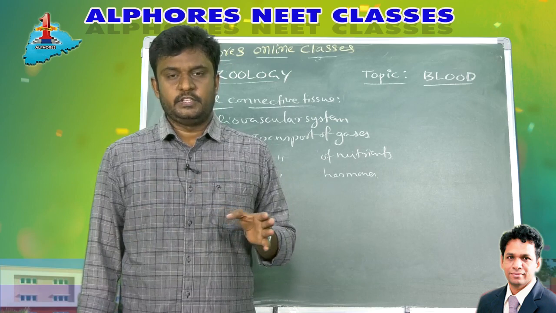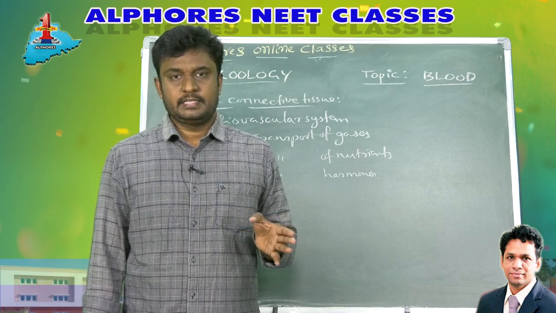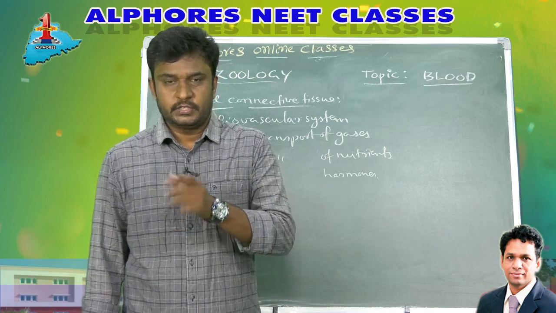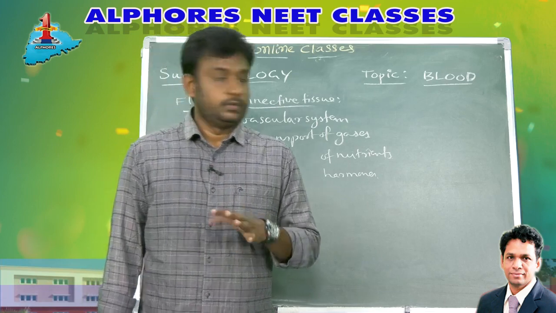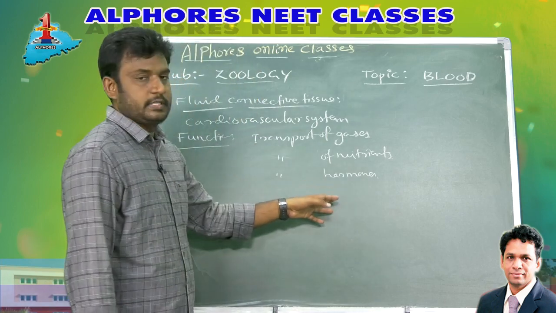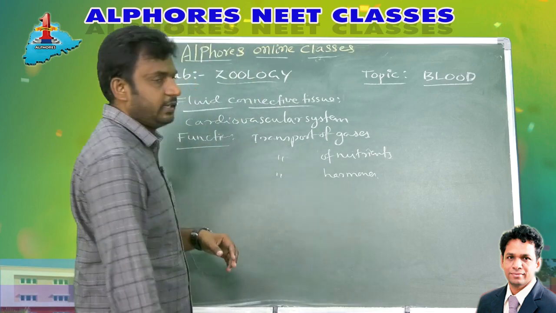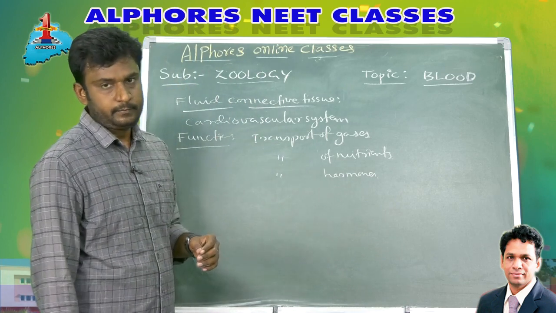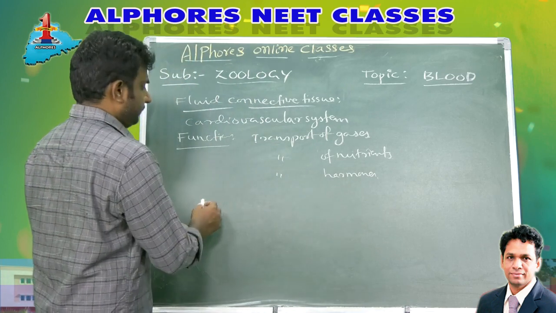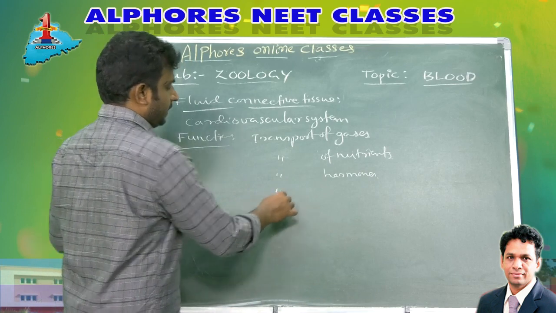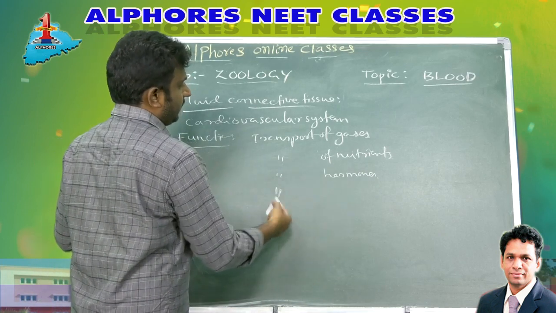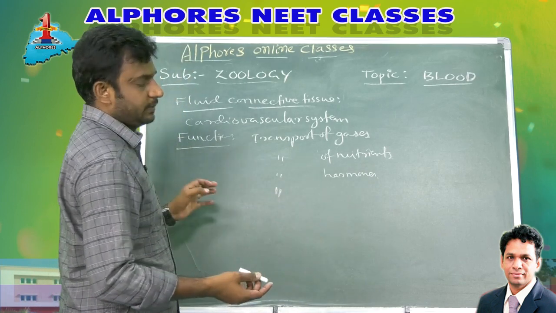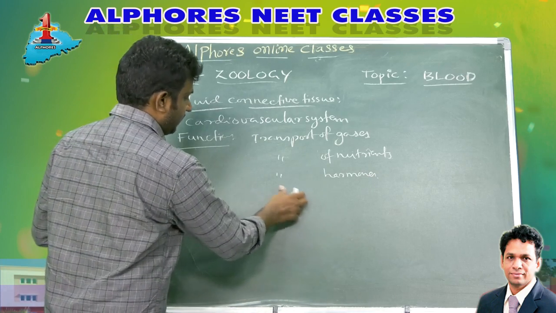So the hormones which are released from the glands are transported to the target organs through the blood only. So transport of hormones is also one function of fluid connective tissue like blood. It also carries the gases, nutrients, and it supplies the hormones to various parts of the body.